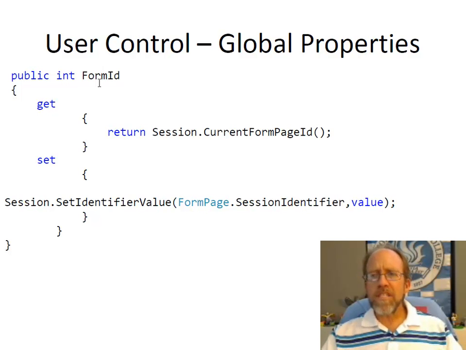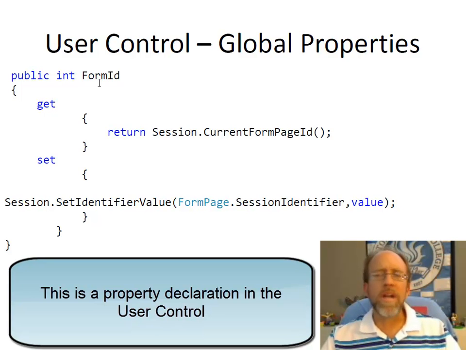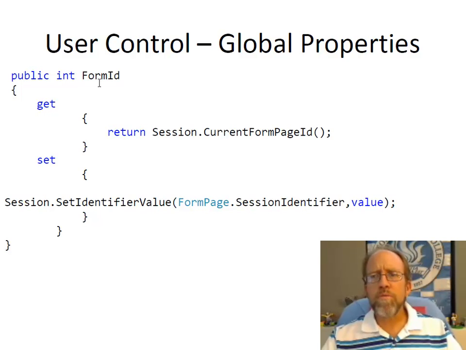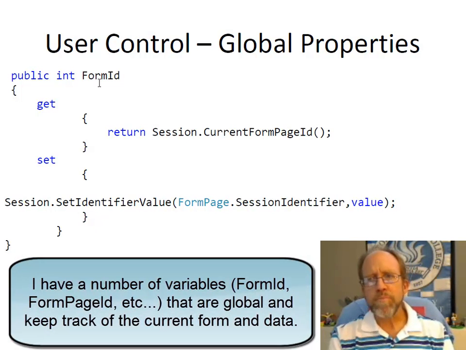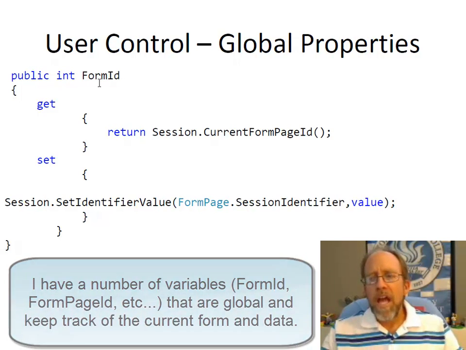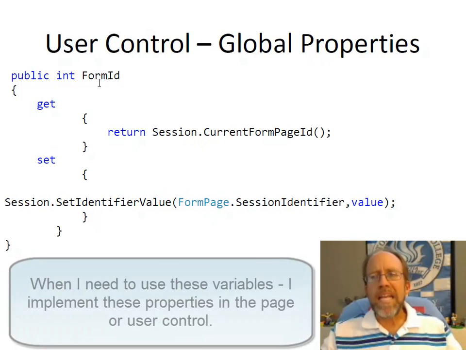Now, something that I do, and these are inside the user control, and I actually do this inside of my forms too: I use properties to keep track of the common session variables that I'm actually using. So for example, if you are working with the application and you bring up a form, there's going to be a current form ID.